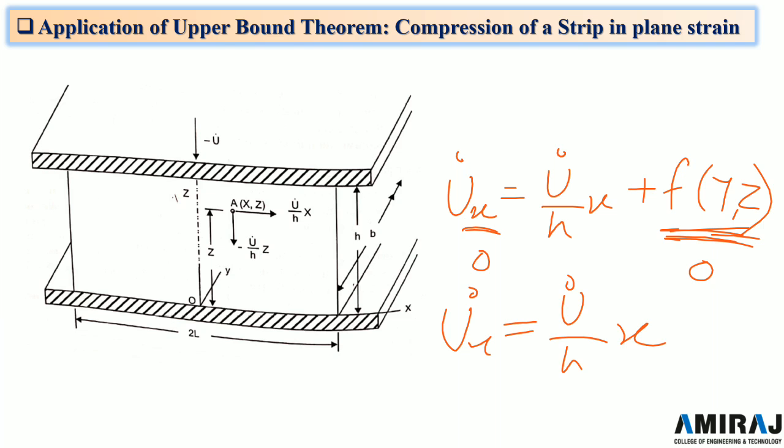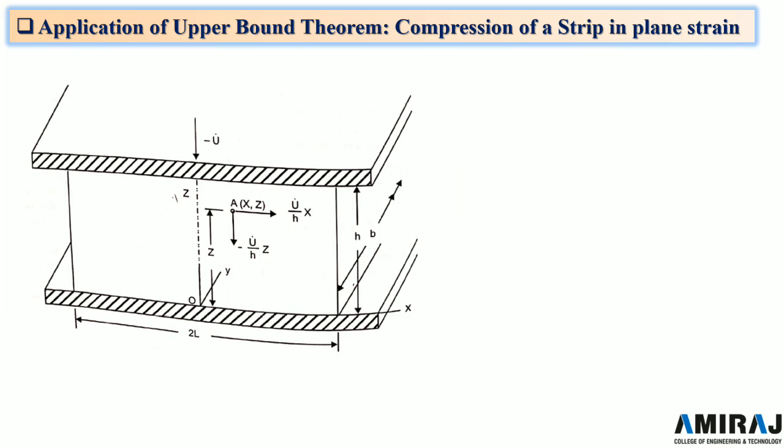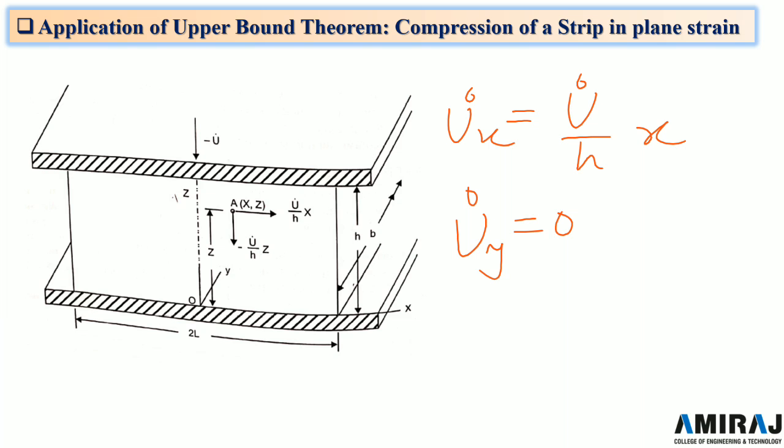So the complete velocity field in the strip can be written as: for x, the velocity field is u dot by h into x. For the y direction it is 0, because there is no elongation along the center line, along the axis. uz is equal to minus u dot by h into z.